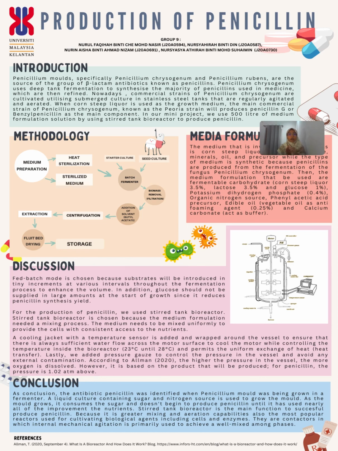Nowadays, many commercial strains of Penicillium chrysogenum are cultivated utilizing submerged culture in stainless steel tanks that are regularly agitated and aerated. When corn steep liquor is used as the growth medium, the main commercial strain of Penicillium chrysogenum, known as the Peoria strain, will produce penicillin G, or benzyl penicillin, as the main component.